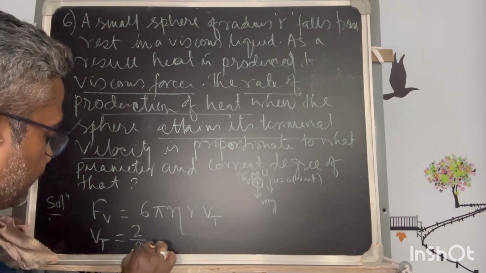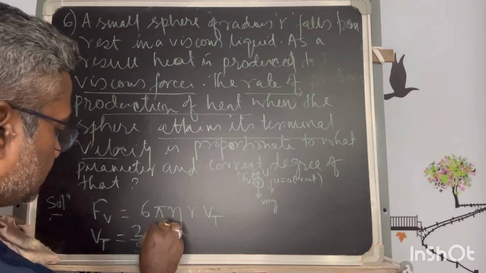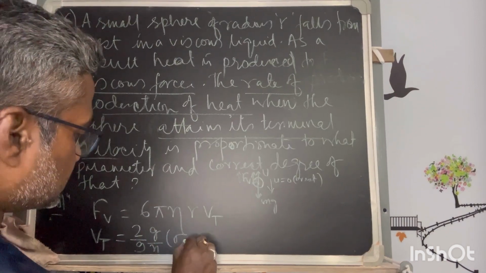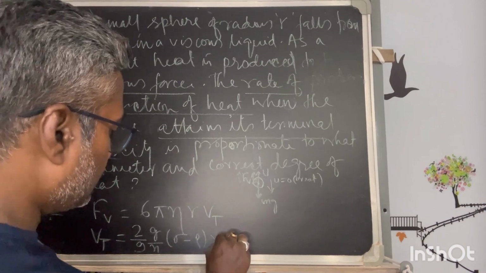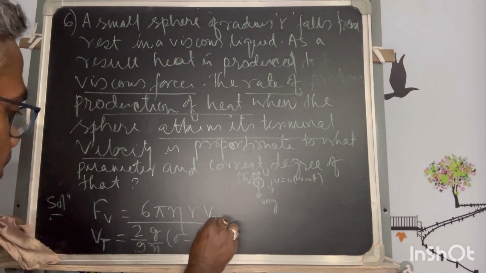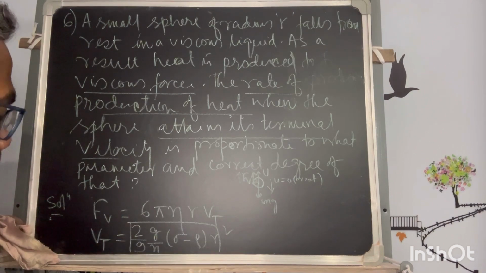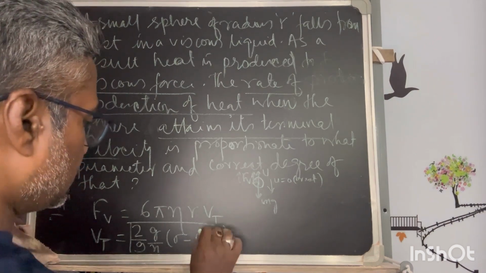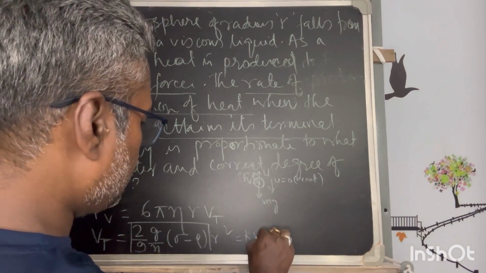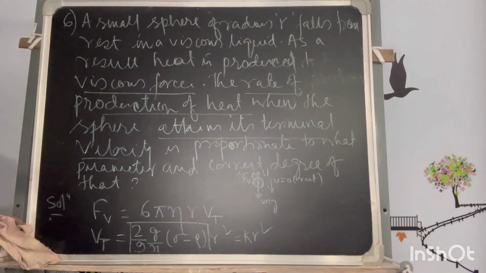Vt is 2 by 9, into g, over eta, into sigma minus rho, into r square. Now this part is not changing, so it is something constant into r square.